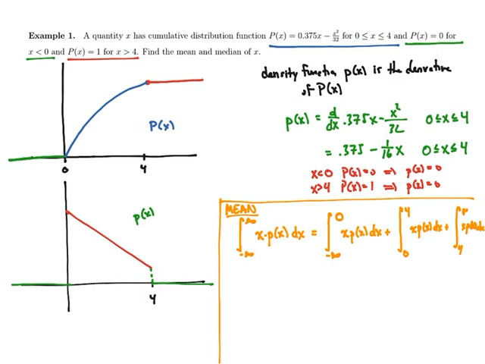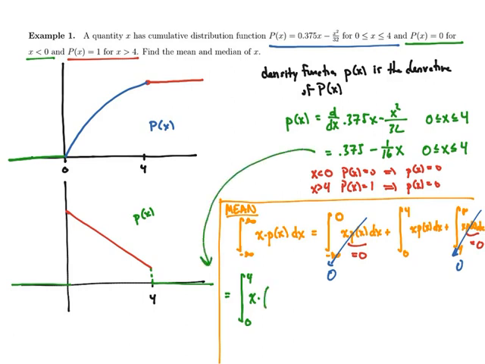But note that when x is less than 0 and when x is greater than 4, p of x is just 0, which means that these whole integrals are going to zero out. So the mean itself is just going to be equal to the integral from 0 to 4, x times the density function, which we found on the line above, x times (0.375 minus 1/16 x) dx.